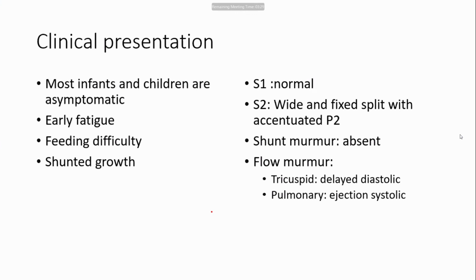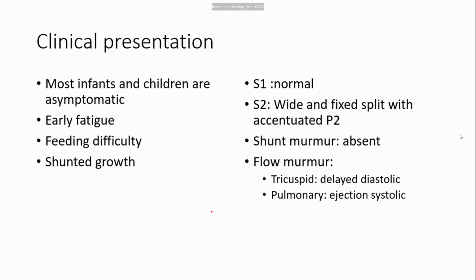So after a little exertion they will have features of respiratory distress. Again, there will be feeding difficulty. If you have pulmonary edema, you have dyspnea on exertion, early fatigue, feeding difficulty, and growth is hampered. So feeding difficulty, stunted growth. These are the clinical presentation of atrial septal defect.